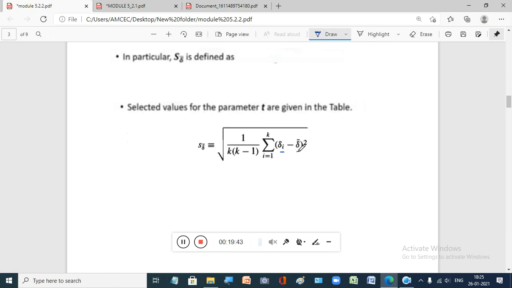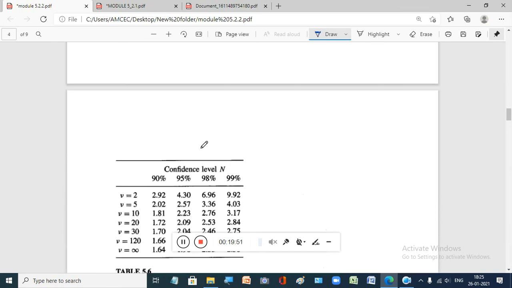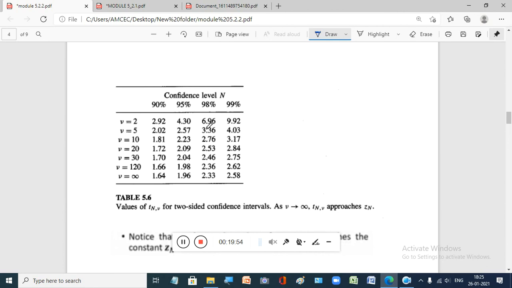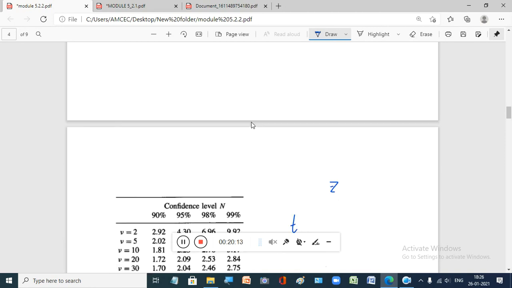And here this N% confidence interval is also just like our Z score value. Similarly, we have a confidence interval table, and for the N% confidence interval we can find t. The confidence interval is obtained as delta bar plus or minus t of N comma k minus 1.